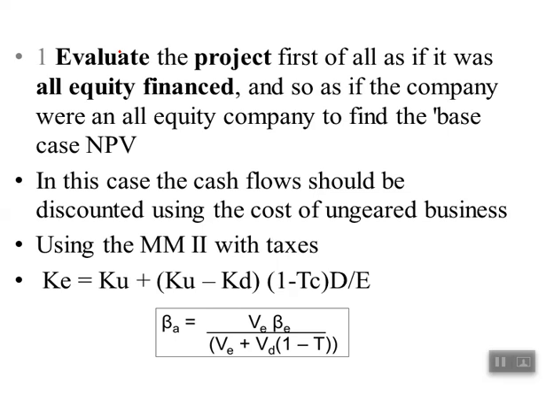As I said in my earlier slide, in this case you are getting the NPV of a business that is not geared. And in this case, you are supposed to discount your cash flows using the cost of capital of a business that is not geared. So that is what we are going to first look at. You are going to use the cost of equity for a business that is not geared.